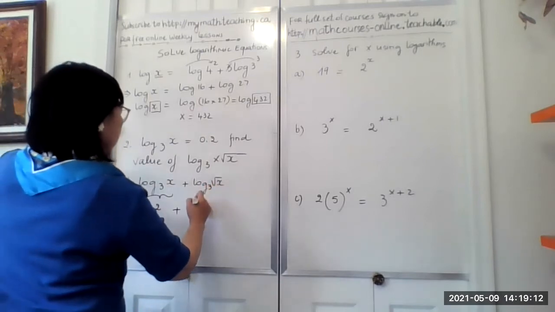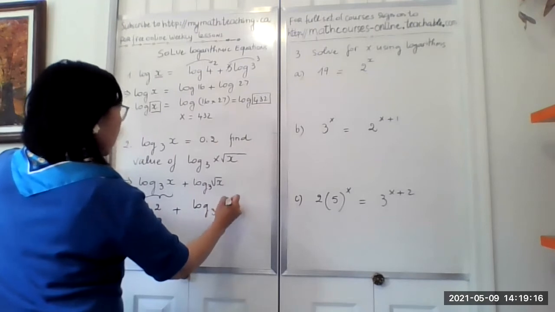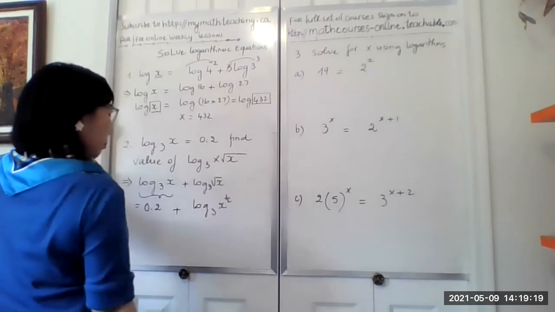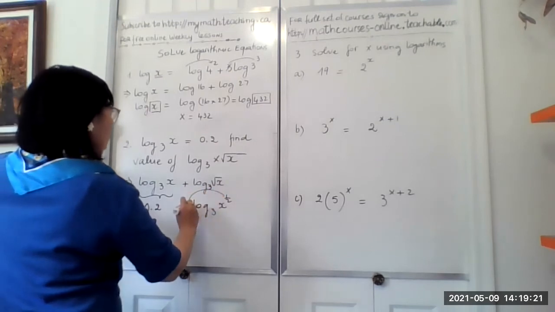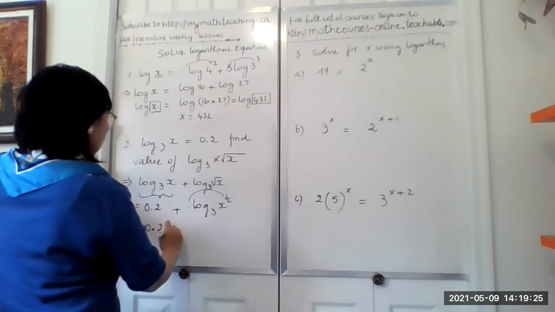I can change the square root to log of x to the power 1/2. So I can bring the 1/2 in front, and that will be equal to 0.2.